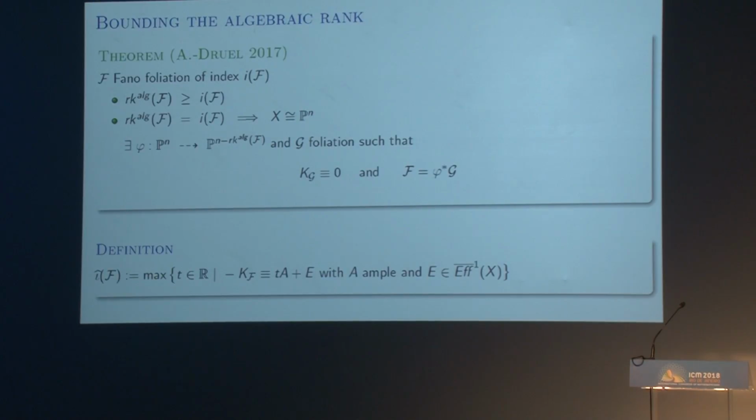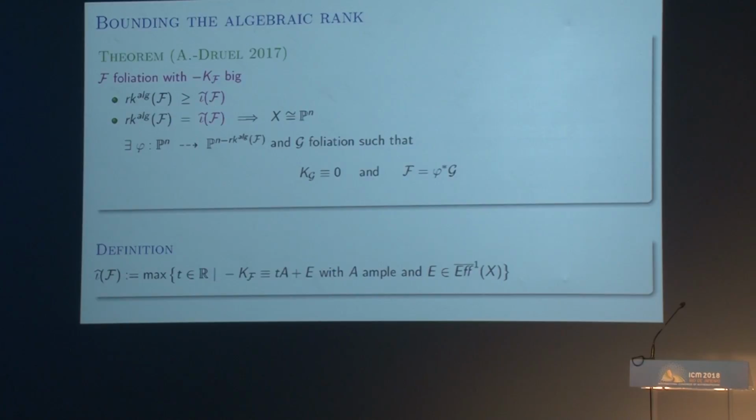And so we can actually replace in our theorem not only... this criterion, this bound doesn't work only for Fano foliations, but in general, if you have a foliation whose anti-canonical bundle is big, then this modified index is going to be positive. And the algebraic rank, again, is bounded from below by this generalized index.